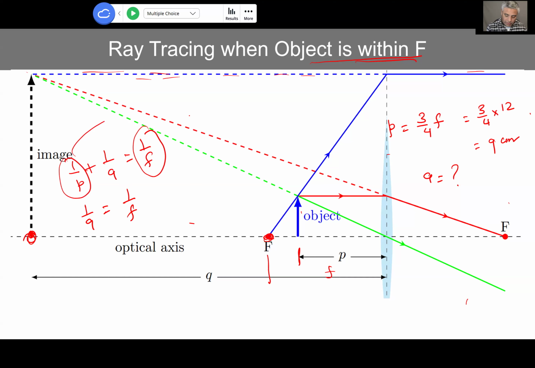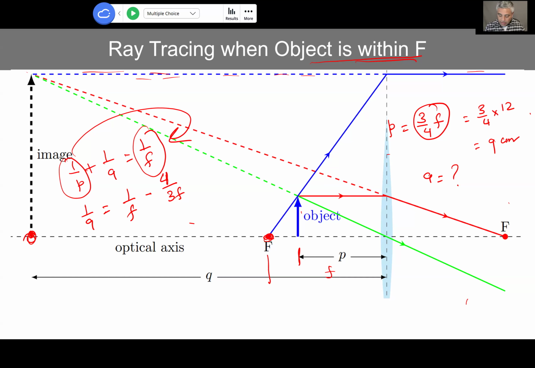When 1 over P goes to this side it becomes negative, and that means we have 1 over F minus 1 over 3F over 4. It's a fraction of a fraction, so we can just flip it.